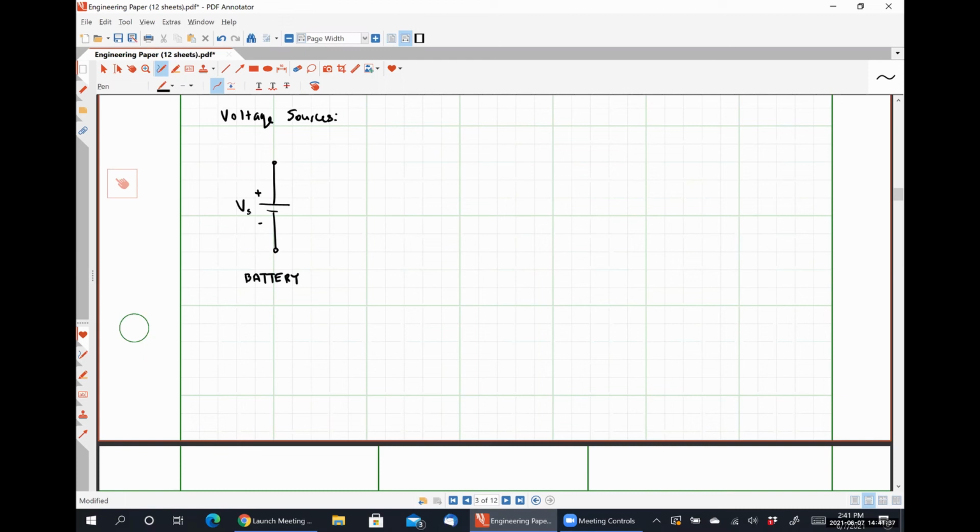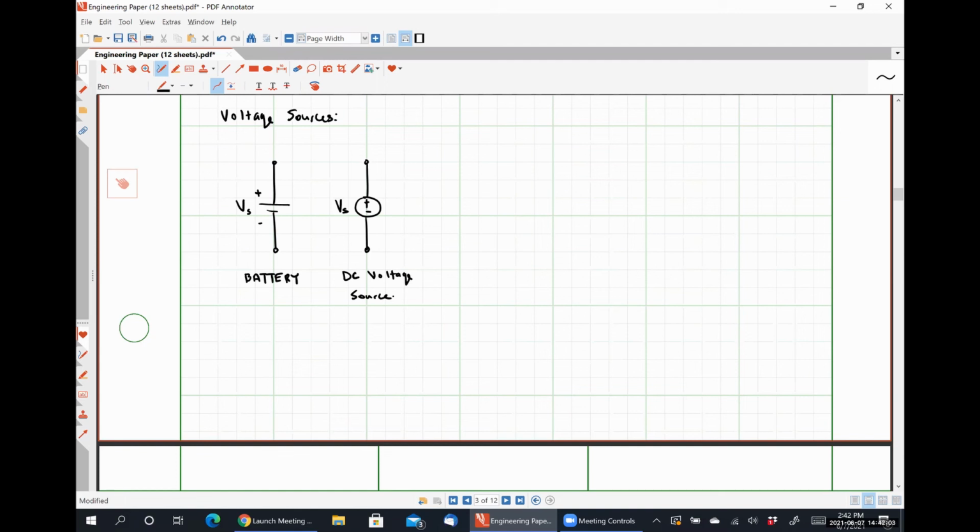The voltage source representation that is going to be used the most in this class is the generic DC voltage source. So it does the exact same thing as a battery, okay?